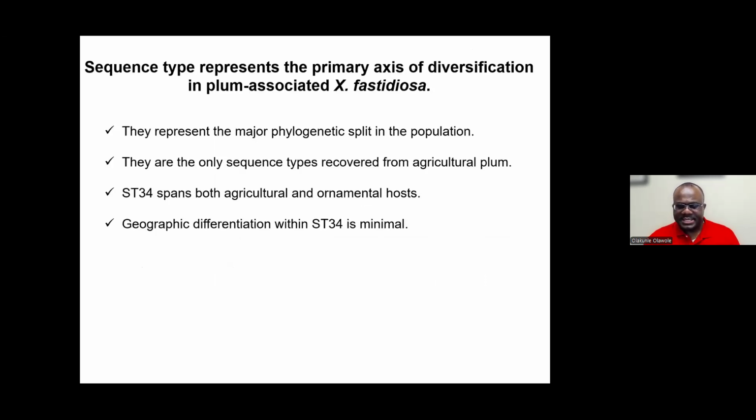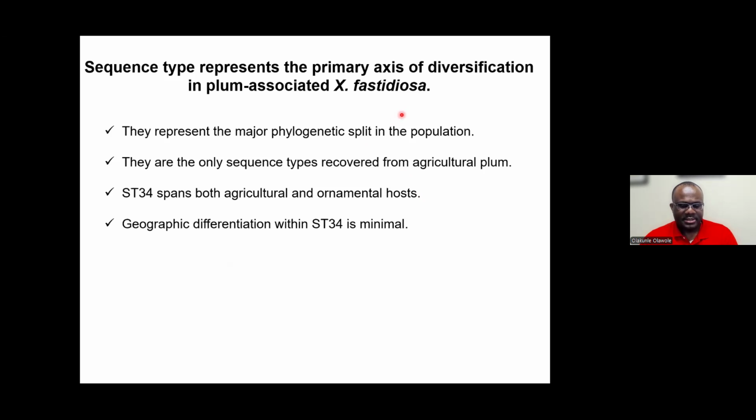So having established that geography contributes little variation within the ST34, we next asked whether the major genomic differences in the plum-associated population are associated with sequence types. Like I mentioned earlier, the ST26 and ST34 form the major phylogenetic groups in the data set.